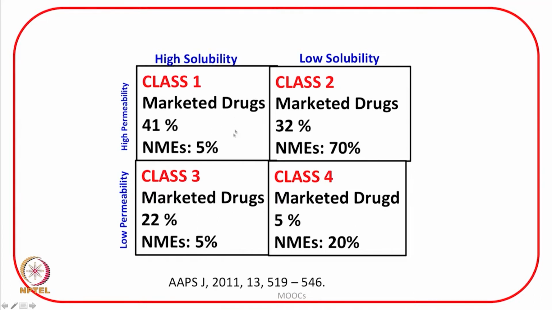This is the most preferred class. Class 2, where high permeability and low solubility is observed. Class 3, low permeability and high solubility, and class 4, which is the least preferred, that is low permeability and low solubility. This is not preferred.